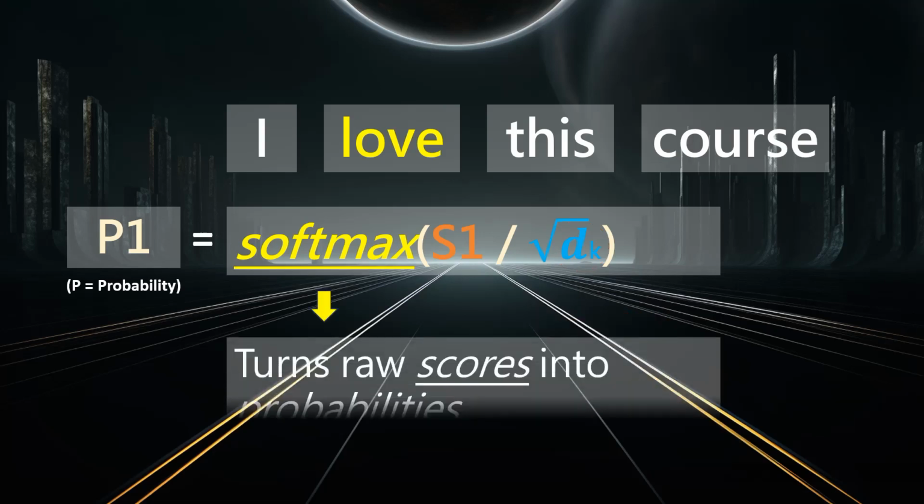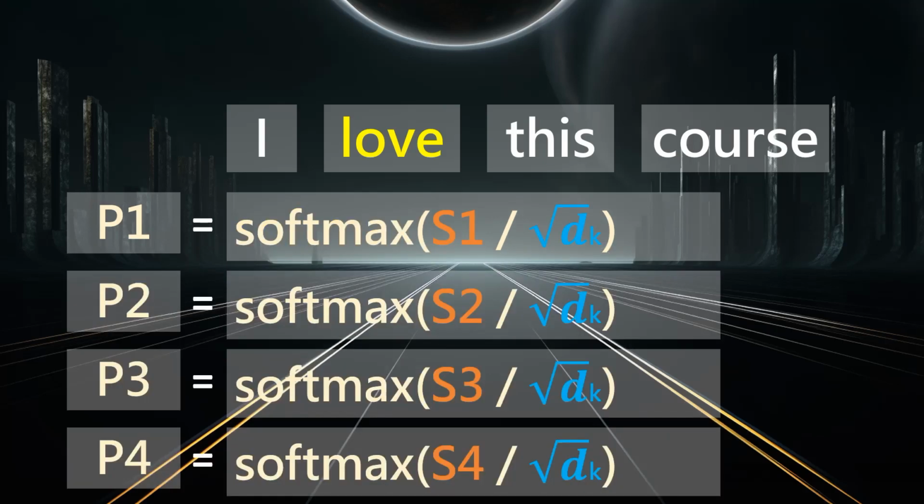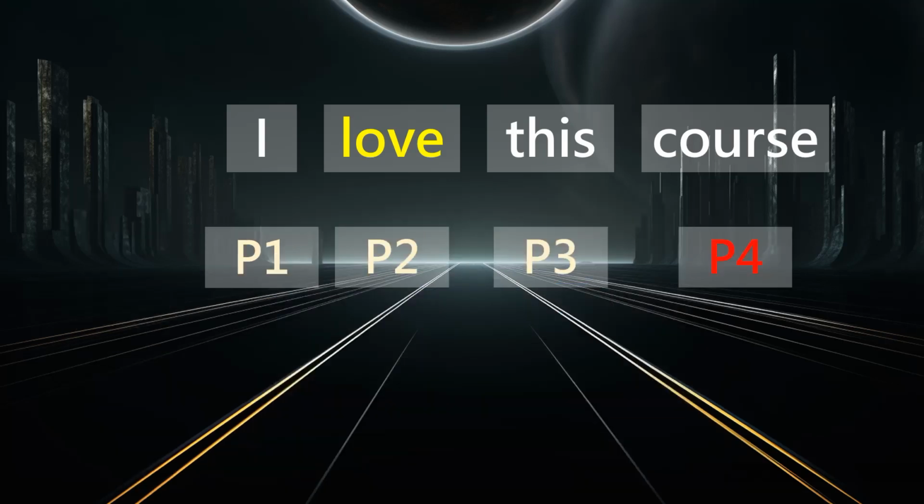And what is the softmax function? Softmax is a function that is frequently used in machine learning and deep learning. It turns the raw scores into a probability distribution. So after softmax of S1 to S4, we'll get 4 probabilities. Let's call them P1 to P4. Assuming P4 is the greatest probability value, then we can say that the word love has a stronger relationship with the word course.